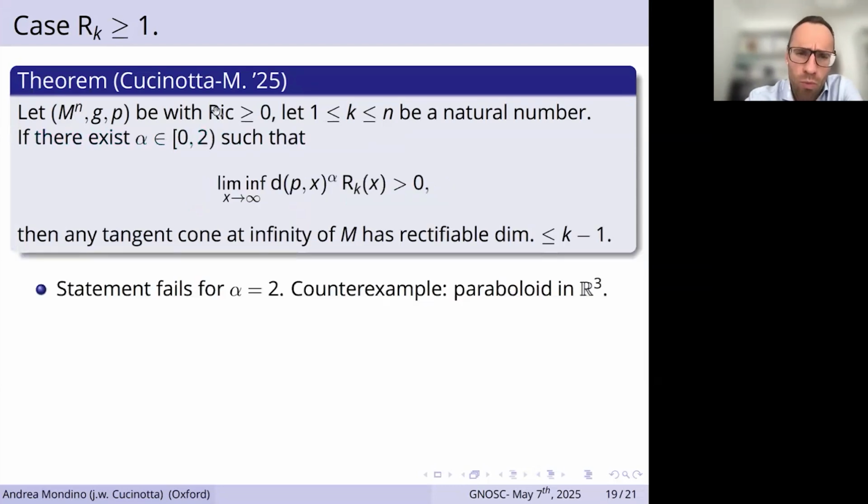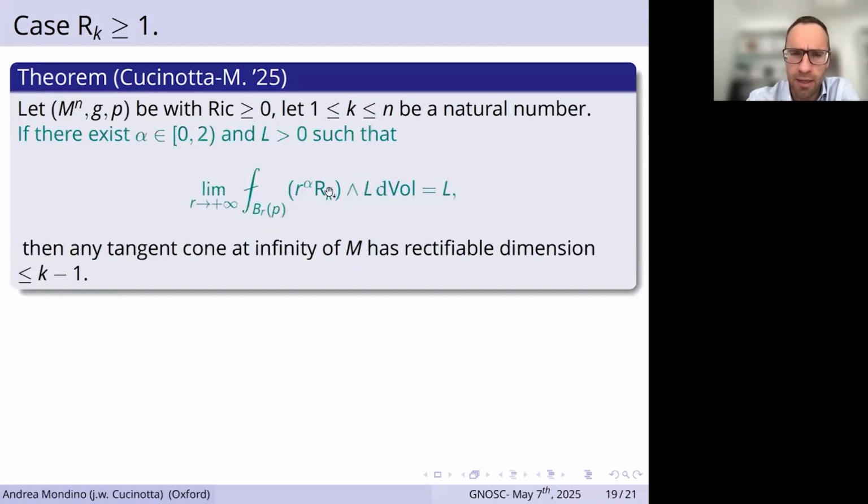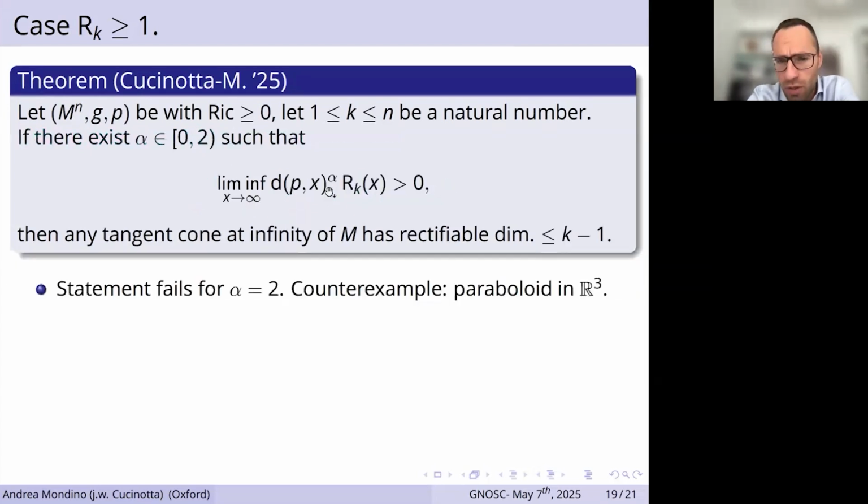So why 2? Why this alpha between 0 and 2, both here and in the integral result? Well, because for alpha equal to 2, the statement fails. And the counterexample is very easy: the paraboloid in R3, which has non-negative Ricci, and actually positive R2.